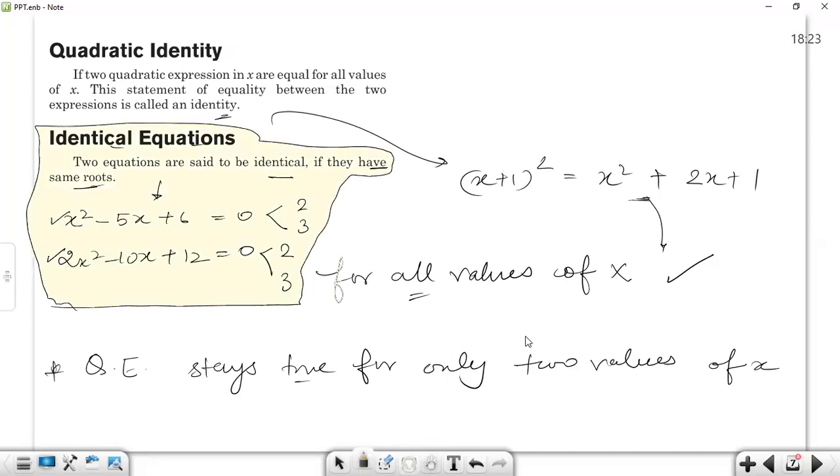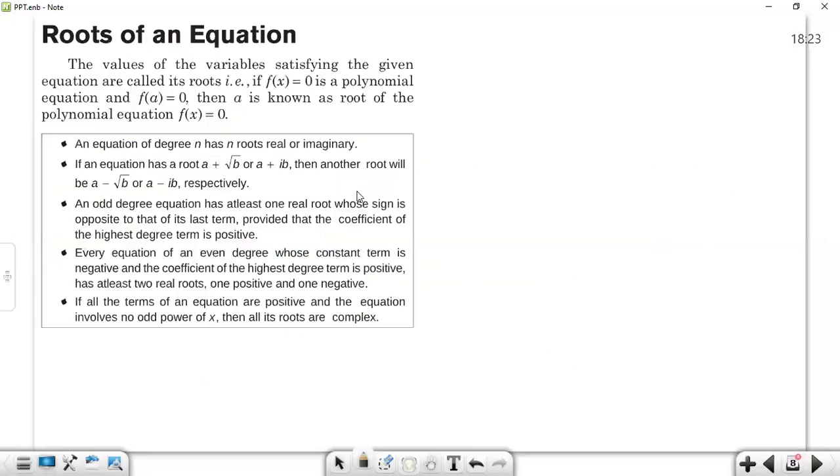So the remaining is the concept of quadratic identity. Now let's discuss the roots of an equation. We have already discussed that ax square plus bx plus c is equals to 0 is a function of x. There will be two particular values of x for which f of x becomes 0, which are alpha and beta, known as the roots of the quadratic equation.